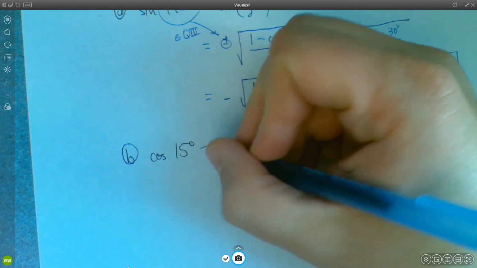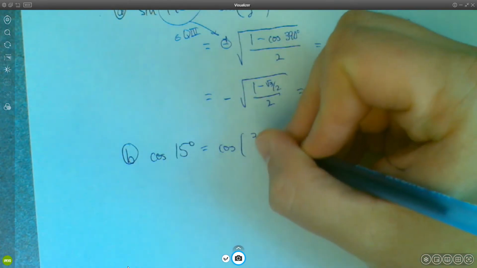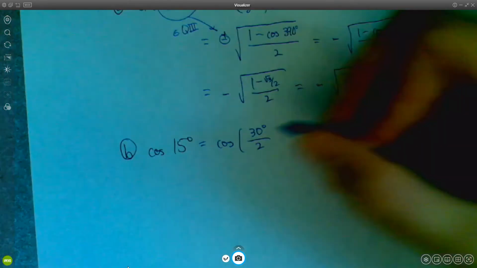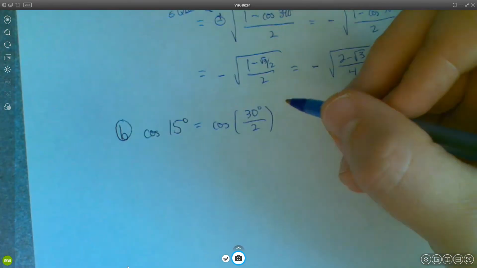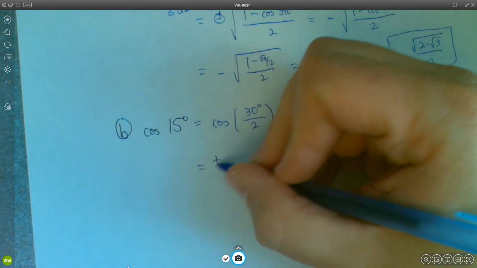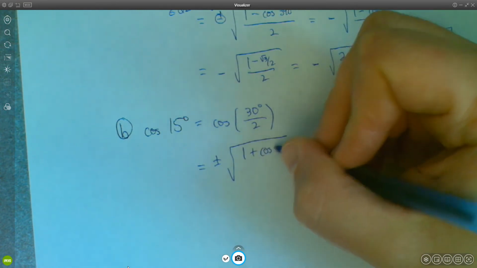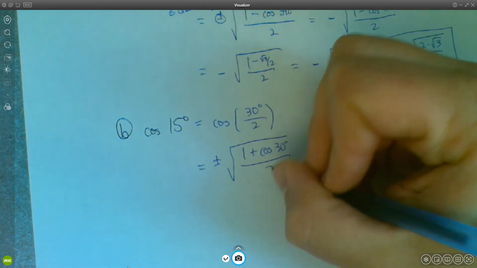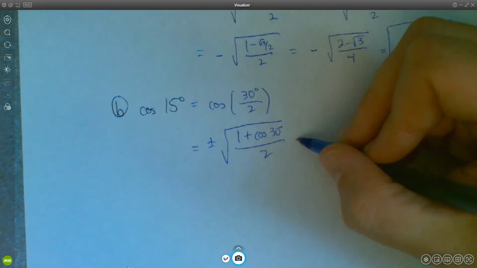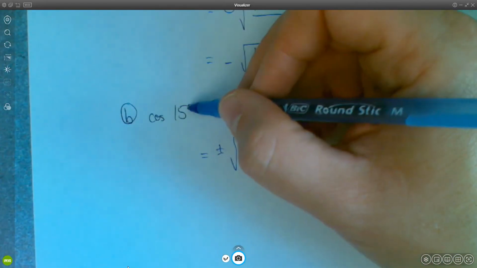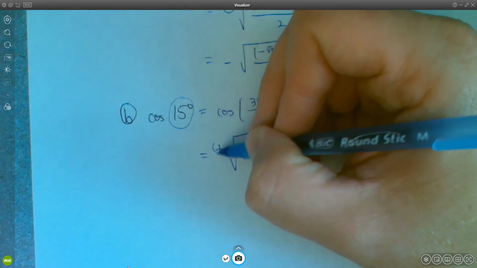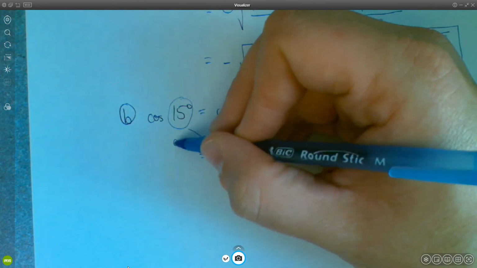Okay, this is going to be cosine of 30 degrees over 2. So that's going to be plus or minus square root of 1 plus cosine of 30 degrees, in this case, over 2. If you're dealing with 15 degrees, that's in quadrant 1, so you're going to take the positive square root there.